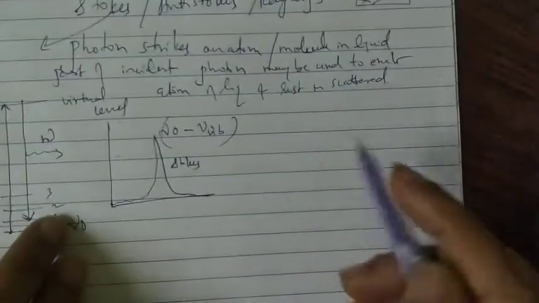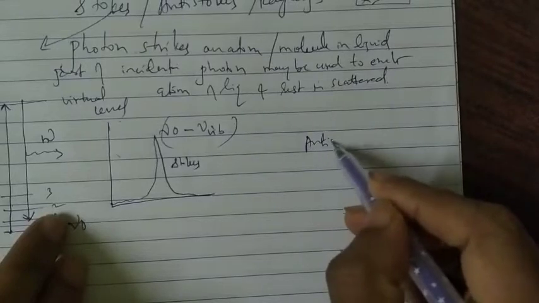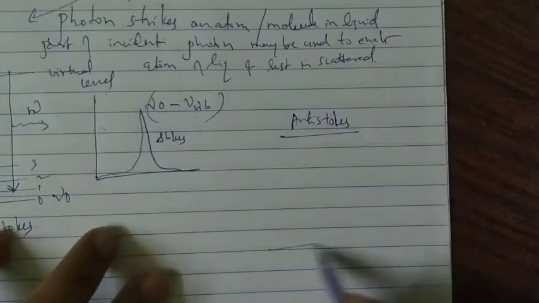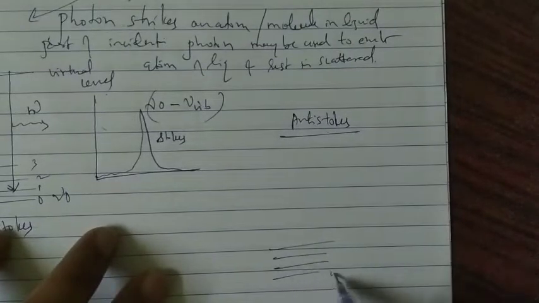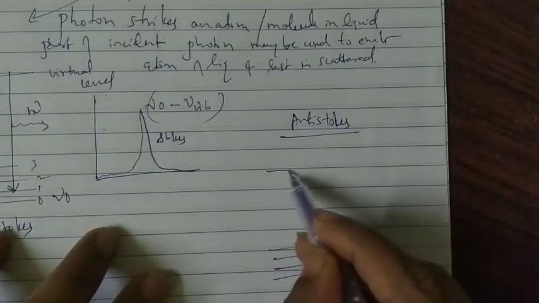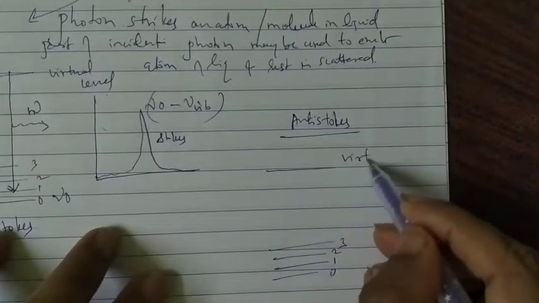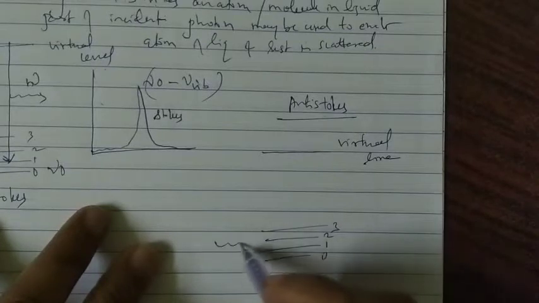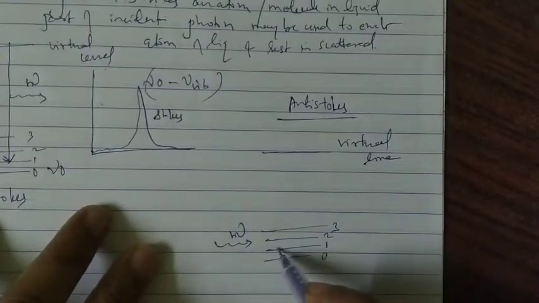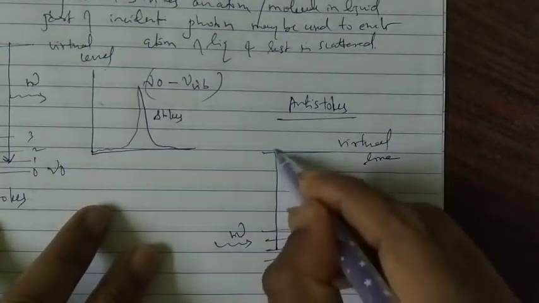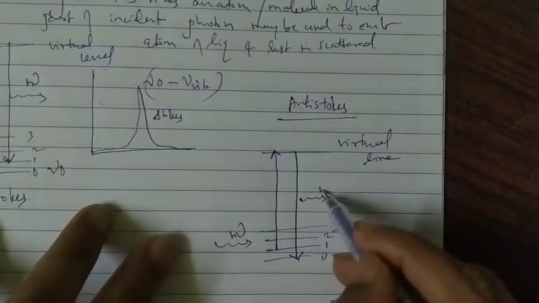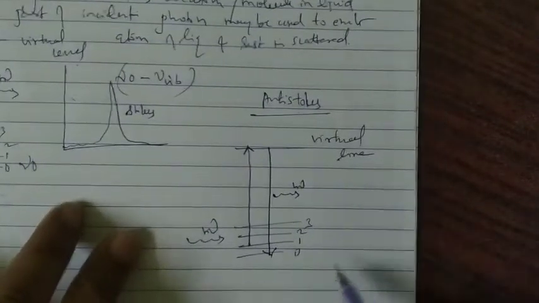Now if you see the anti-Stokes here, same thing I will draw here, 1 2 3 4, 0 1 2 3, and this is a virtual excited line. Now if there is an excitation here by h nu, and the excited molecule is from nu 1 to the virtual line here, and while coming down it goes to 0 here, see here, larger wavelength here, and emits some radiations here.